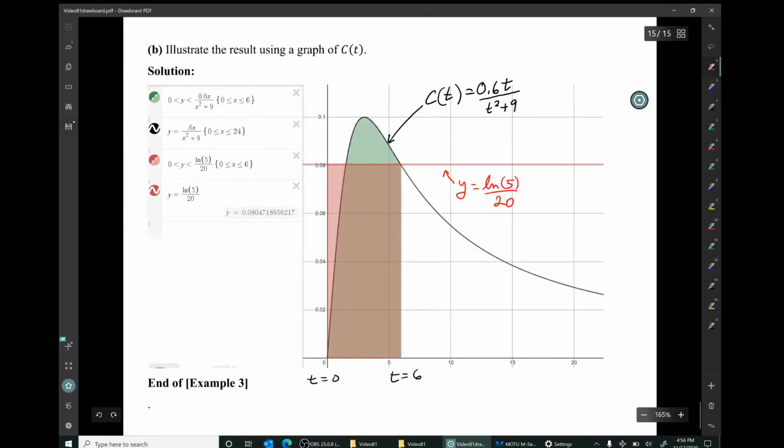You can see that it's believable that that green shaded region between the graph and the t-axis from t equals 0 to t equals 6 looks like it could be the same as the area of that red shaded rectangle. So the height of this rectangle is that h that we found. And of course, the width of the rectangle is this number 6.